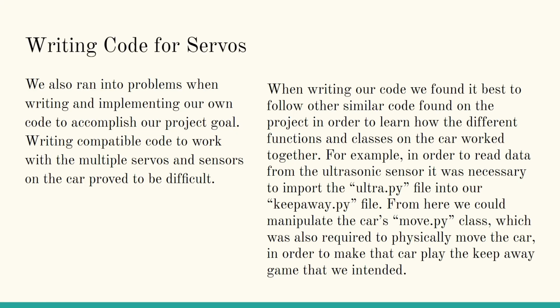So, for example, to make our program work, we had to import the ultra.py file, which includes all the different code to make the ultrasonic sensor work. And from importing those different files into our keepaway.py file, it was able to make the car physically move and play the game that we wanted it to play.